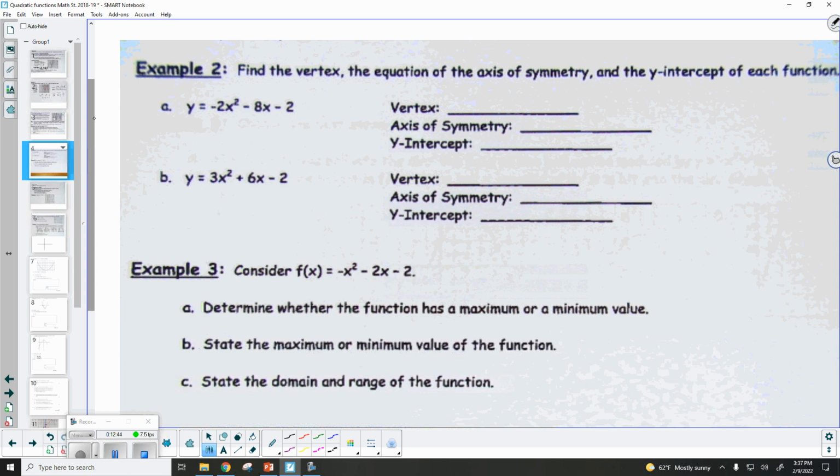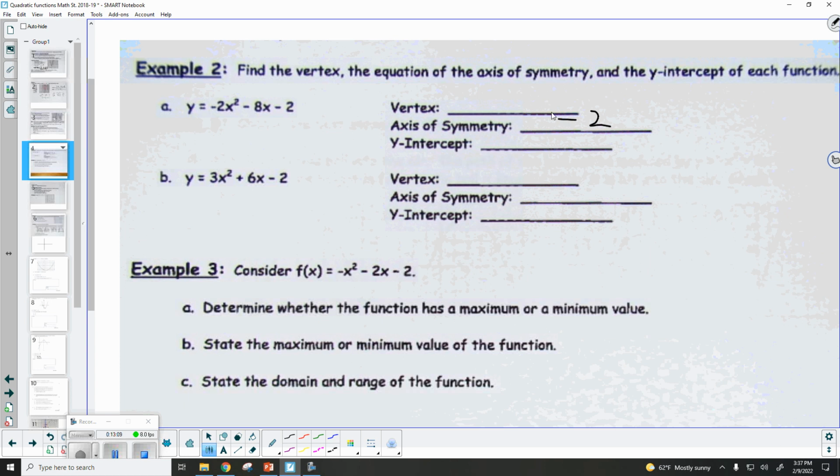What would be the vertex for A? Robin, what would be the vertex for this one? Or let's start with the axis of symmetry. What would be the axis of symmetry first? Negative 2.